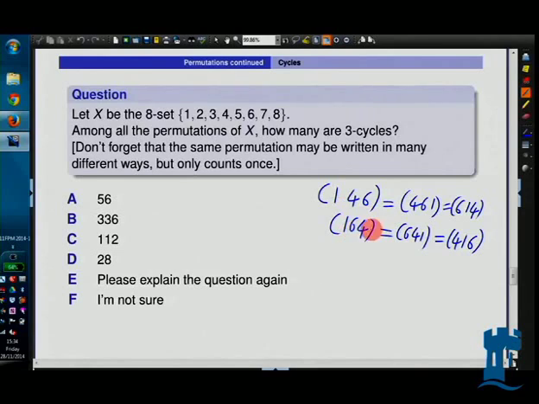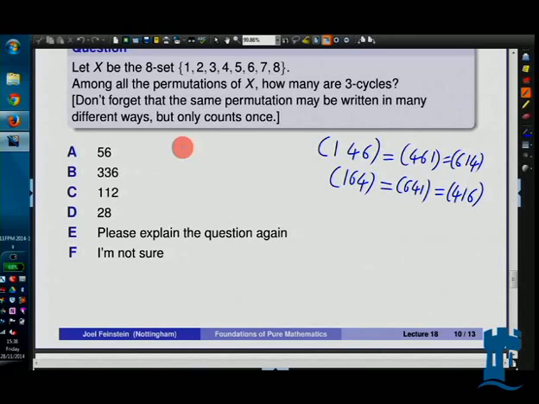This one sends 6 to 4 and 4 to 1. So that's definitely different, okay? So these two are different. Those are the only 2 3 cycles you can make that are genuinely different if you're using 1, 4, and 6. Now, given that as a hint, that might give you one of the ways of doing it. So I shall pause the capture again and see whether that gives you a chance.